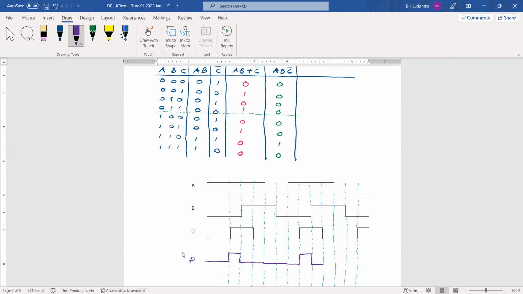And after that, here 1, 1, 0, 0. This is 0, 1, 0, again it's 0. 0, 1, 0. And this is 0, 0, 1, yeah, it's 1.